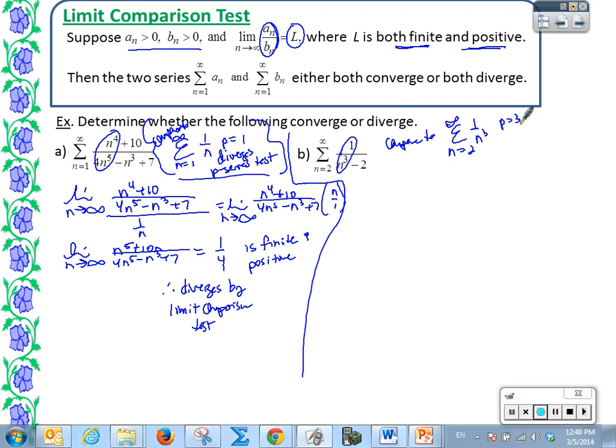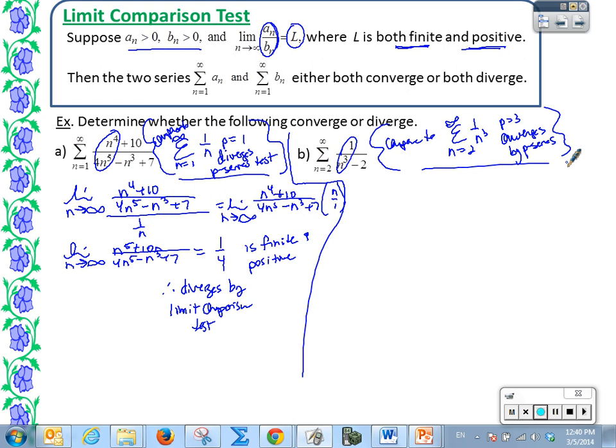P is 3. And what do we know about p series when the p is 3? It converges. So this converges by the p series. Okay, again, this is all the information for the one I'm comparing to.